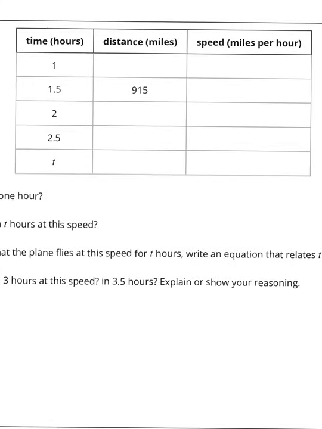First of all, we're looking for the speed. And we find speed in miles per hour by dividing. We would do 915 divided by 1.5. And I want you to do that out on your calculator, okay? Calculator is a good thing to have for this lesson. So hit pause and divide that out for me.